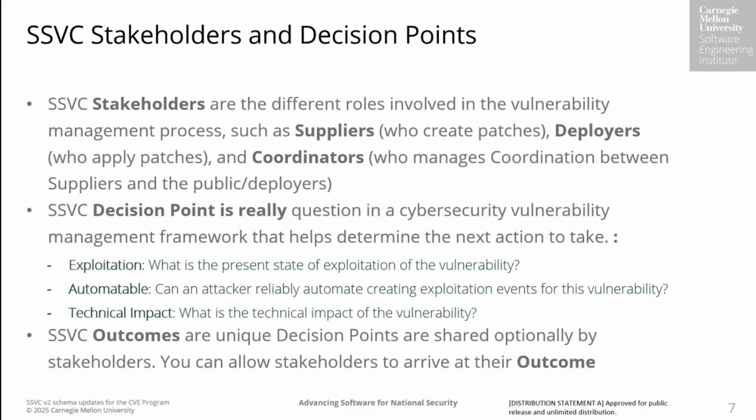That is termed exploitation, for example, and that's the name given to the decision point. There could be another decision point called automatable, which tries to clearly identify whether an attacker can reliably automate creating exploitation events for this vulnerability.